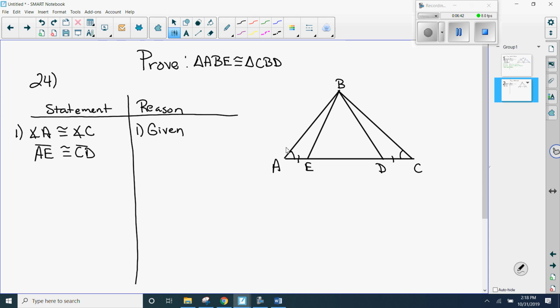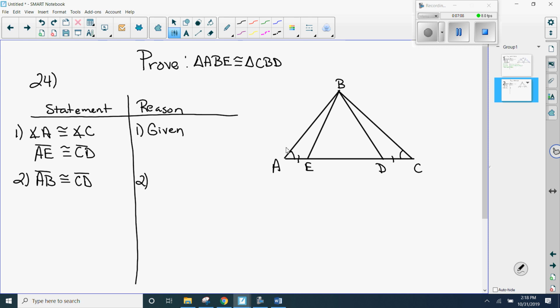So if we do side angle side, we look at it and we have side angle side. What side do we need to prove congruent? AB and CD. Now I know that AB is congruent to CD. Why? Very good.